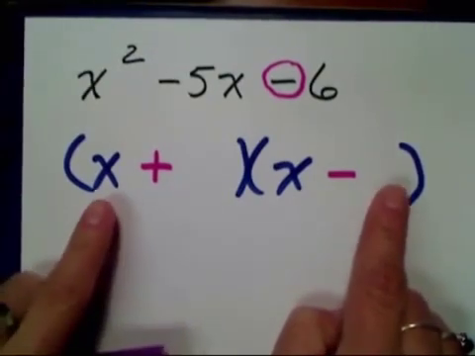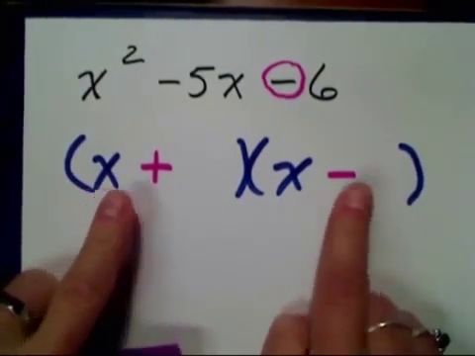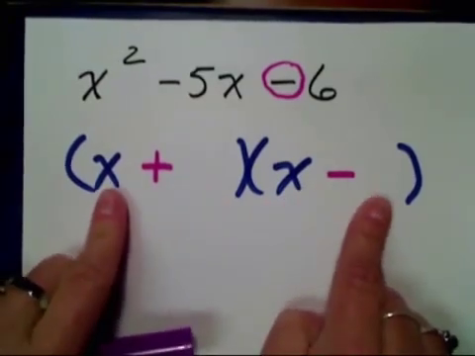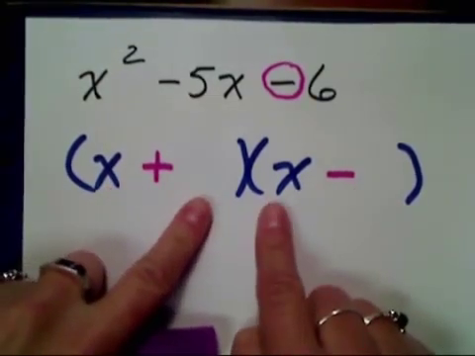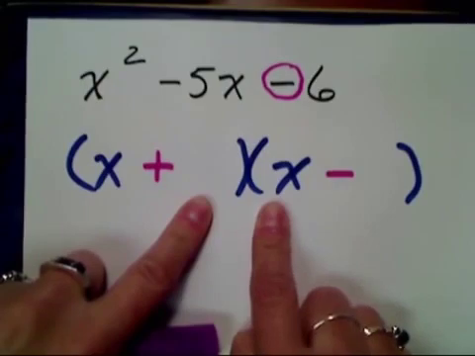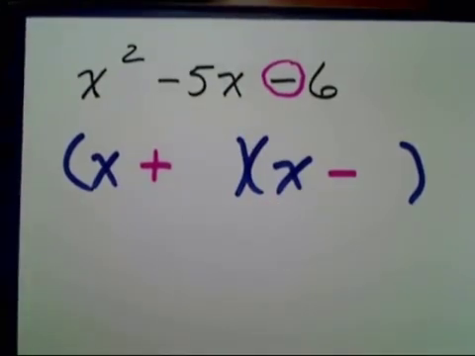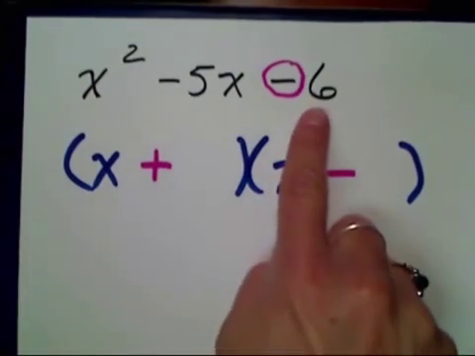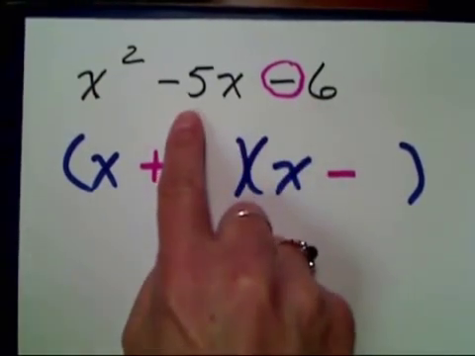That means, though, that when I do my outside and my insides, I'll have one number that's negative and one that's positive. When I'm adding terms with opposite signs, we really subtract them. So in this case, I'm looking for two numbers that'll multiply to 6, but subtract and get me negative 5.